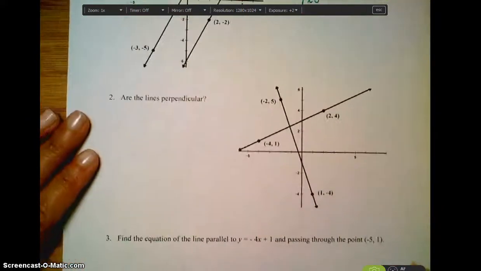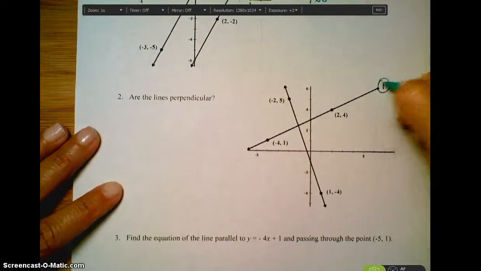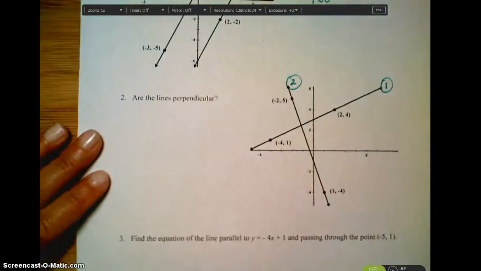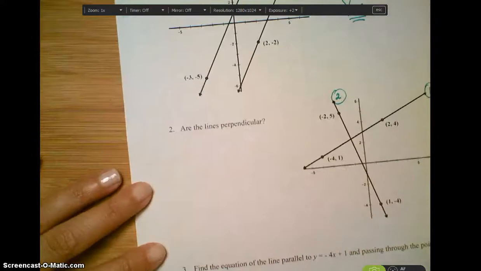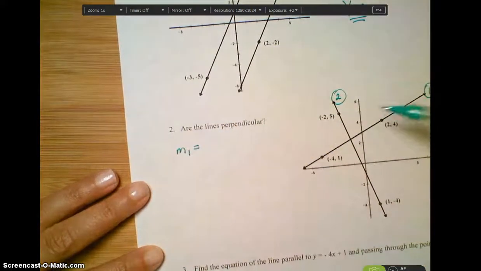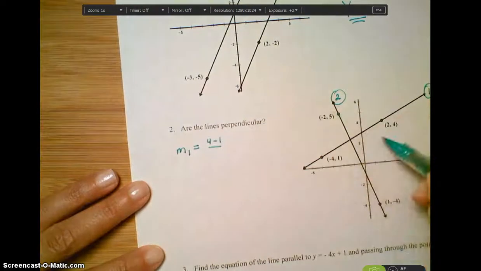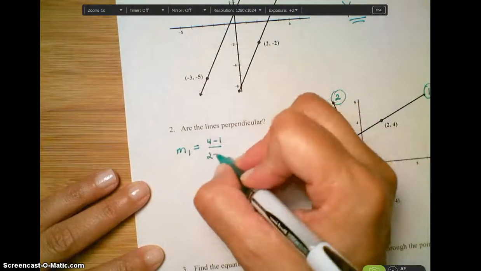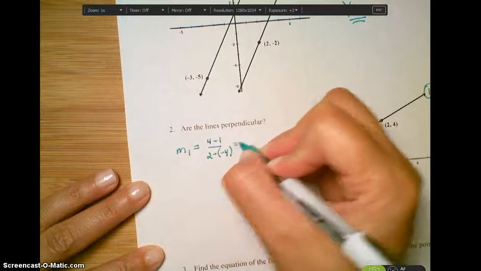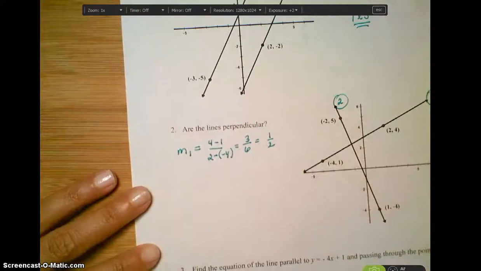The second example asks you if the lines are perpendicular. Again, I'm going to call this line 1 and this line 2, and we're going to find the slope of line 1. Change in y over change in x leads to 3/6, which is a slope of 1/2.